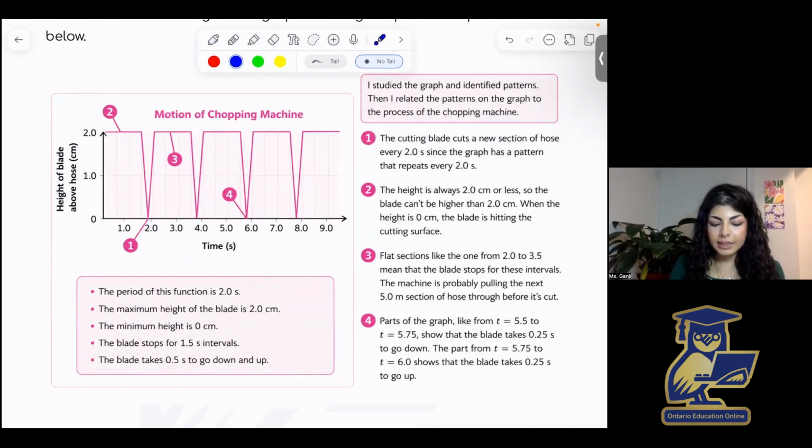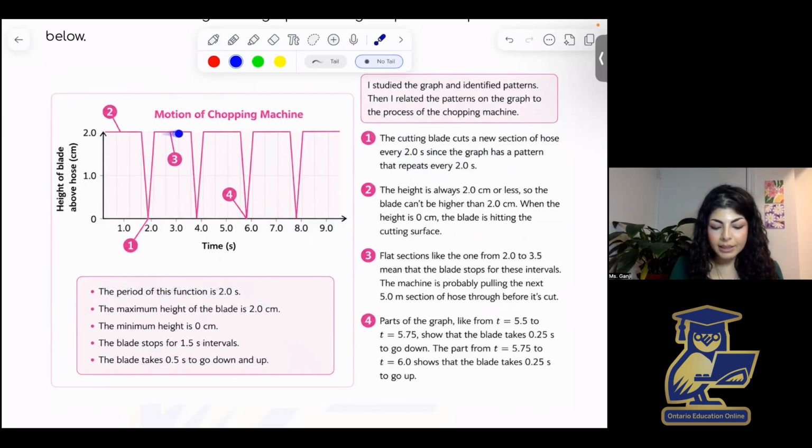And we can see this behavior is repeating every 2 seconds in time. The cutting blade cuts a new section of the hose every 2 seconds. And we see the period of 2 seconds as written for us here.